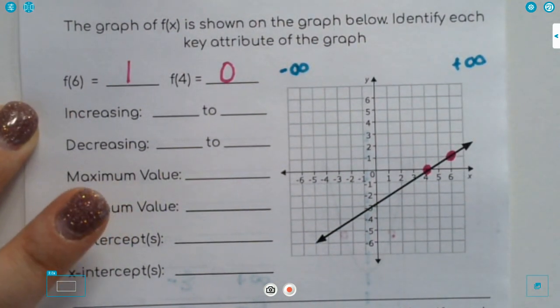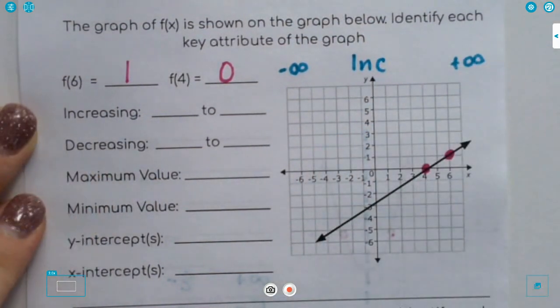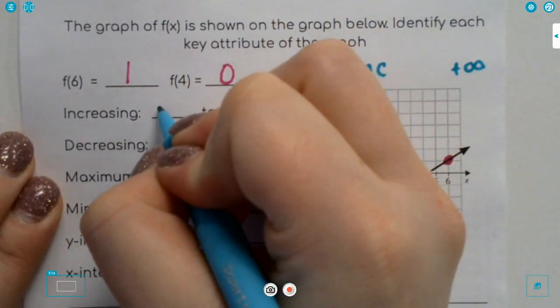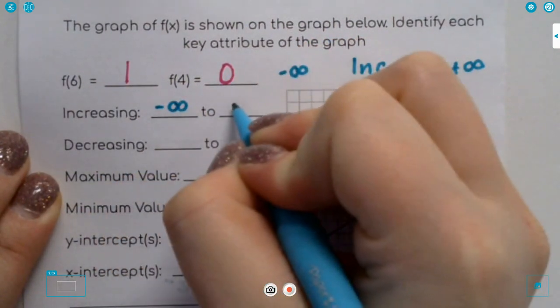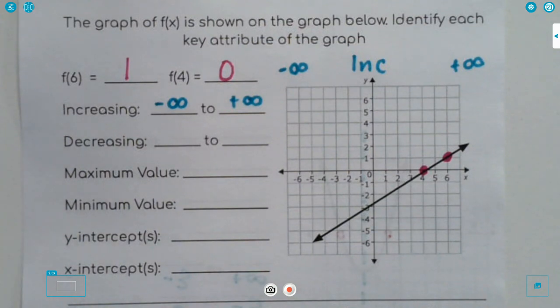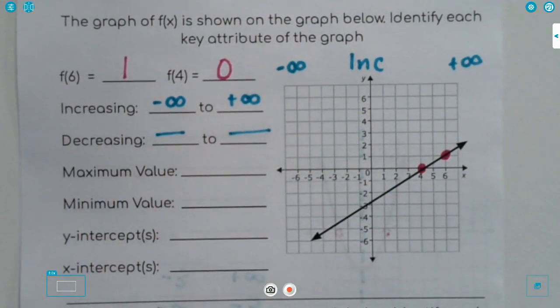But there's no switching point, and it's just increasing the entire time. So on our blanks here for increasing, we're going to write negative infinity to positive infinity. And then it's never decreasing, so we will just mark off these lines. We don't need an answer there.